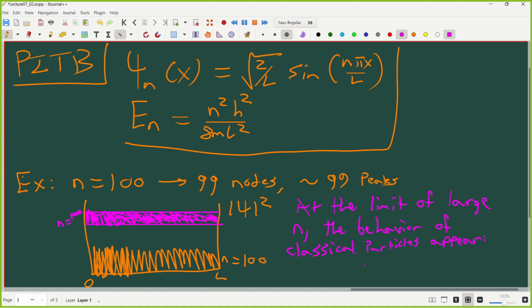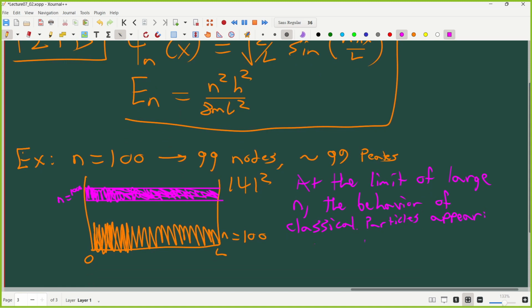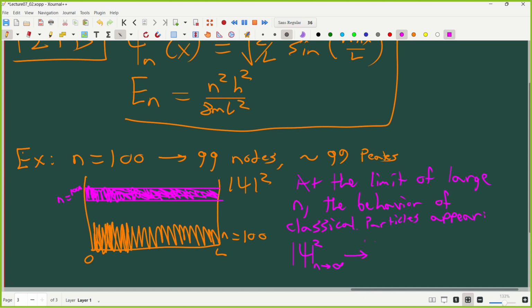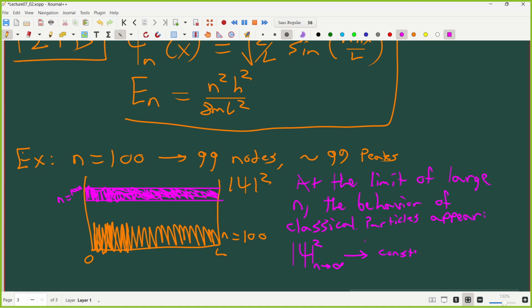They have a uniform probability distribution. It's the same value at every point. That is, psi squared at high n, as n goes to infinity, starts to approach a constant value, whatever that value may be.